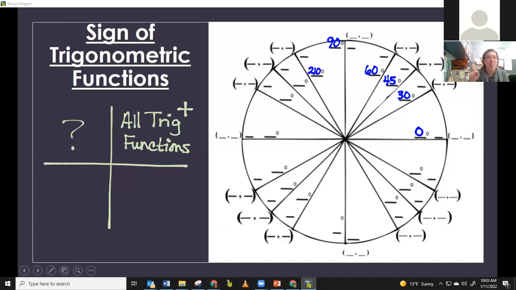So let's get our degrees filled in, and then we'll look at how that affects which trig functions would be positive. Oh, I wrote 210 and I meant to write 120. I transposed my numbers up here. 120, 135, 150, 210 is down here.